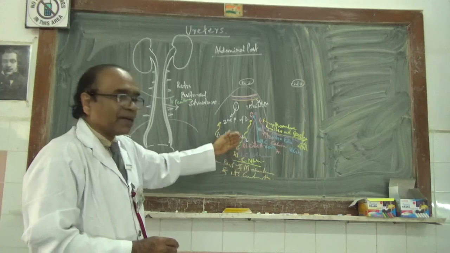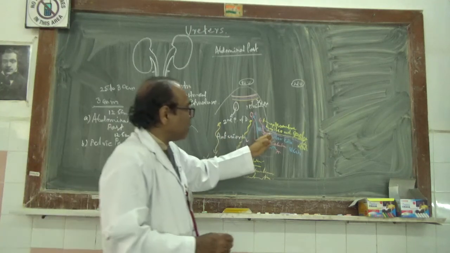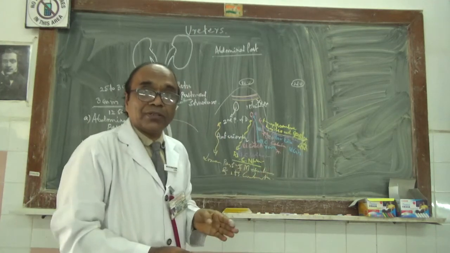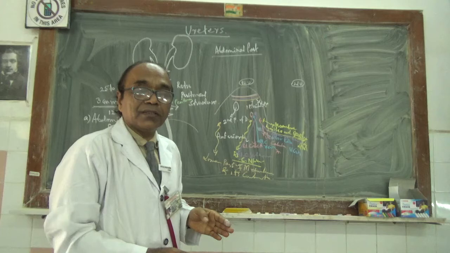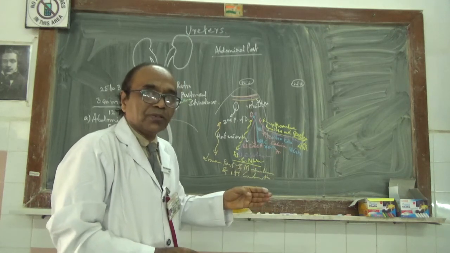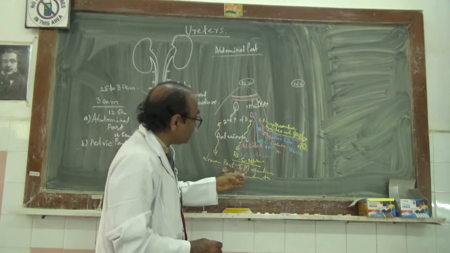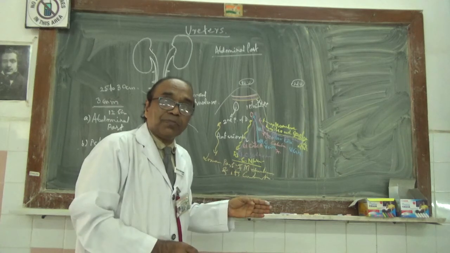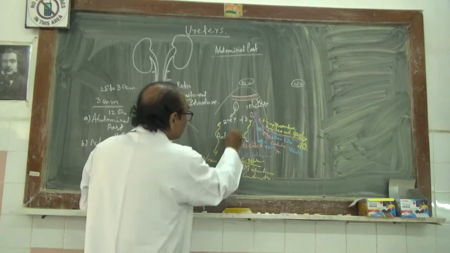Then you will be having mesenteric arteries which supply the lower or terminal part of the ileum.